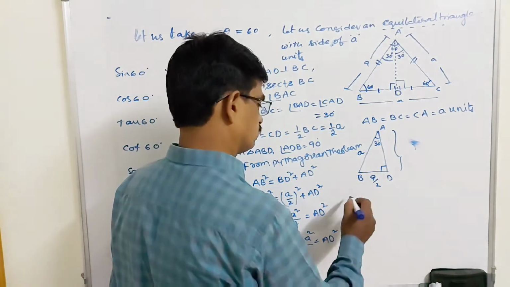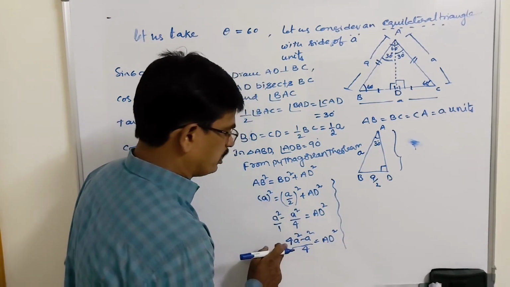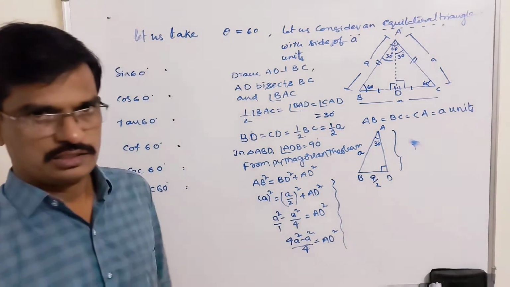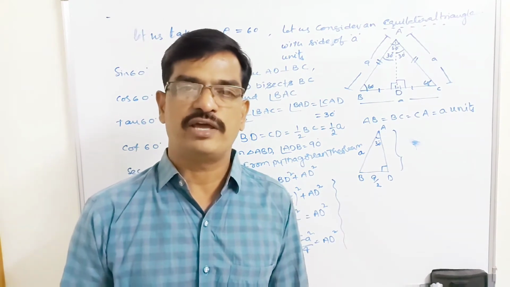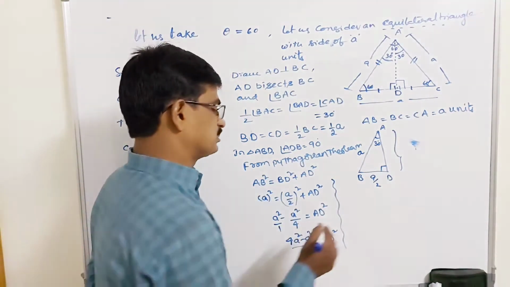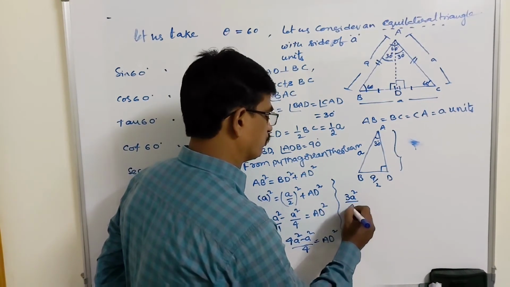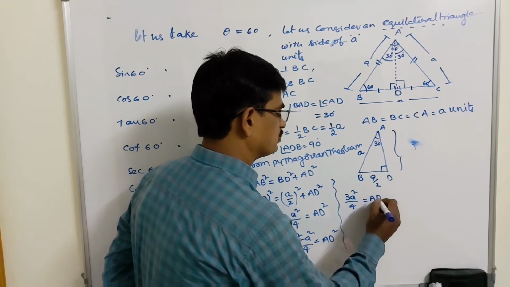Now, 4a square minus a square. So 4a square and a square are like terms. That is 4a square minus a square is equal to 3a square by 4 is equal to AD square.